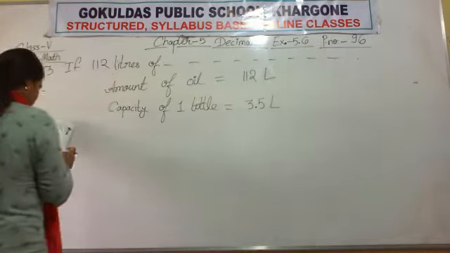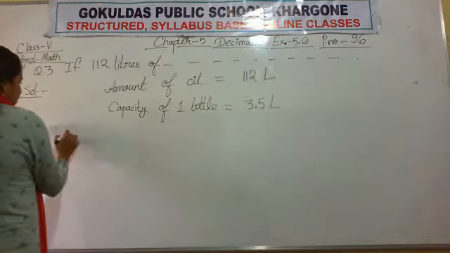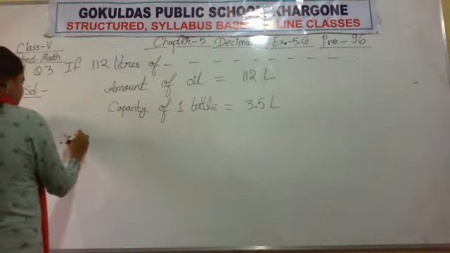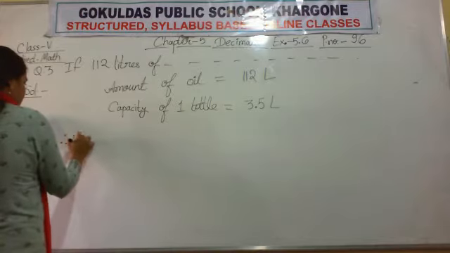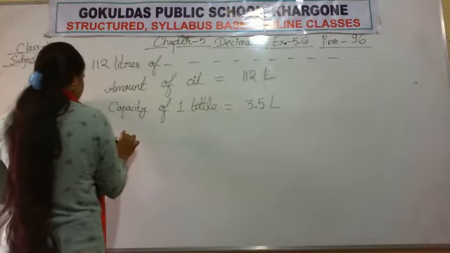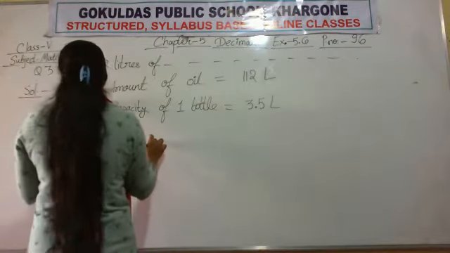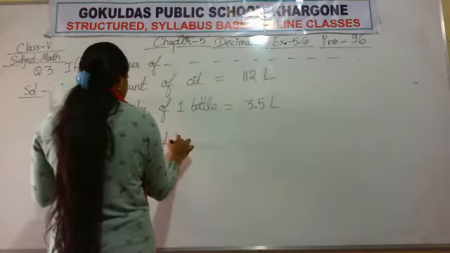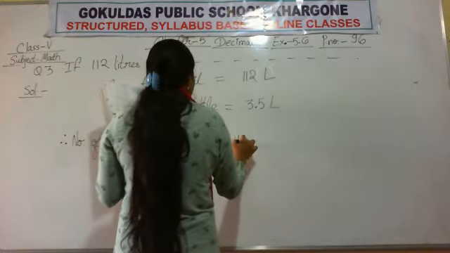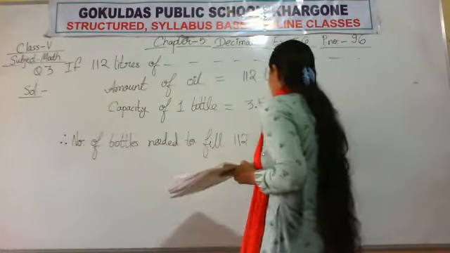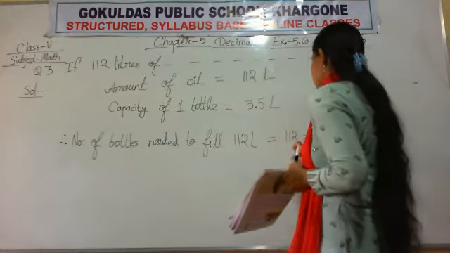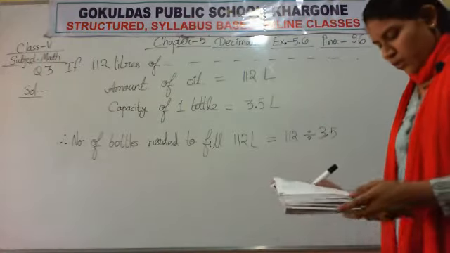Capacity of one bottle is equal to 3.5 liters. Therefore, number of bottles needed to fill 112 liters is equal to 112 divided by 3.5.